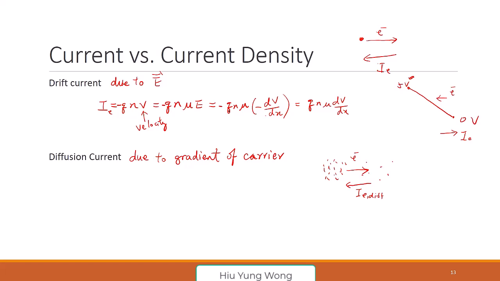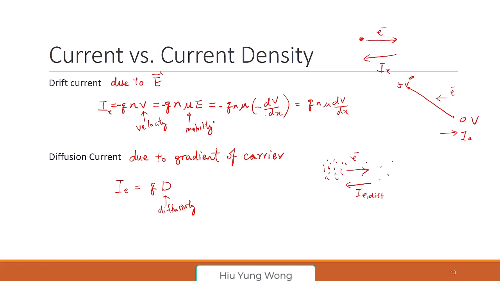Okay. Now diffusion current depends on one thing. It depends on the charge and something called diffusivity, just like drift depends on mobility.